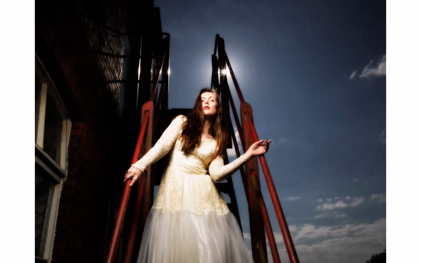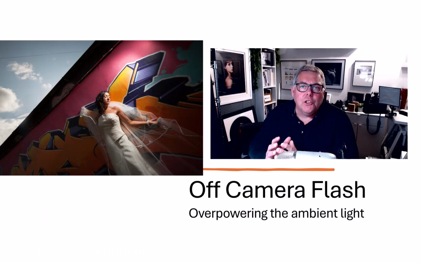So some flashes will allow you to work at a very, very high shutter speed, but a normal on-camera flash setting requires your shutter speed to be at 200th of a second or below.